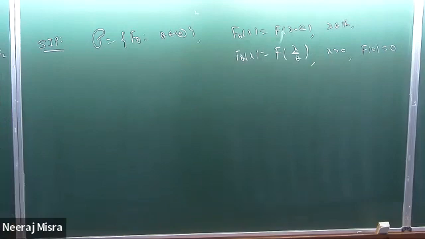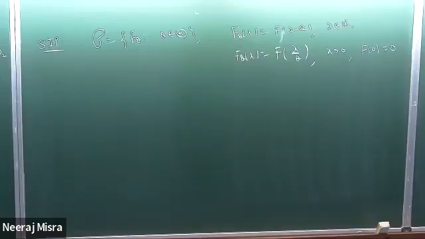MLR property is also possessed by a lot of distributions. In fact, any distribution you name, it will mostly have MLR property in some statistic, either in T(X) or some statistics. Some examples of MLR are, but before that, I showed that if you have a stochastically increasing property, then that is equivalent to showing this result.